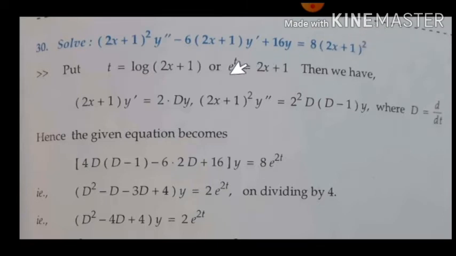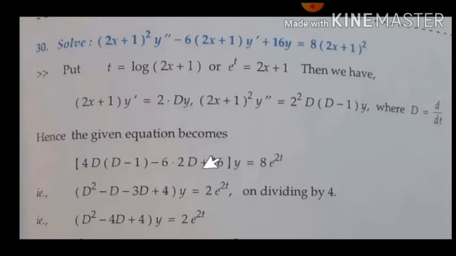So 2x plus 1 can be written as e to the power of t, squared, means e to the power of 2t.